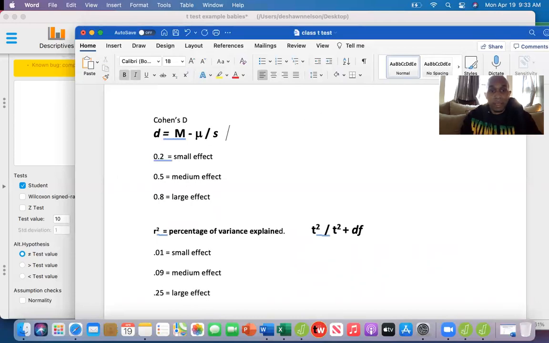So we can already see that that bug is in effect. We would have 13 minus 10 divided by 3, and that would give us 1. So Cohen's D is actually equal to 1, which is a large effect. Okay, it's greater than 0.8.